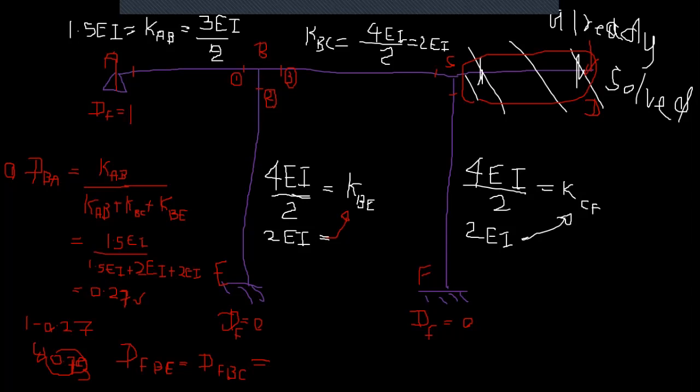It is not equal to the distribution factor CB, right? But KCB and KBC are equal. Those are fundamentals, because it is the same member stiffness, but the distribution at the ends is different. It depends on the members connected at that joint. So it's going to be 0.73 over 2. So this is equally distributed by these two members, and 0.73 over 2 means approximately 0.36.